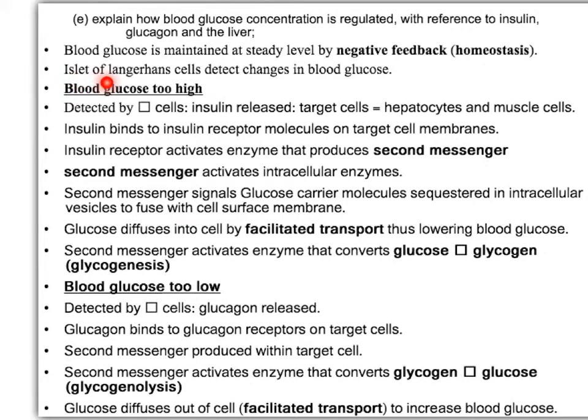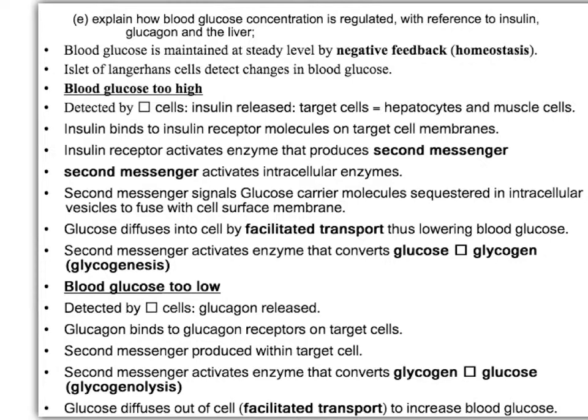This is all done in the islet of Langerhans, and we'll see here, interestingly enough, that the islet of Langerhans does the actual detecting. We have the sensory cell, the islet of Langerhans can sense blood glucose levels altering, and they also respond by releasing the hormones which then move in the bloodstream and influence target cells, which are the effectors, if you like, which result in changes in blood glucose.